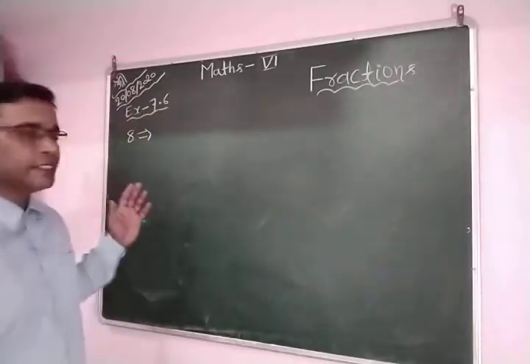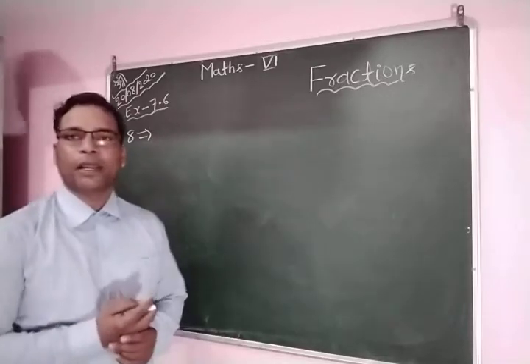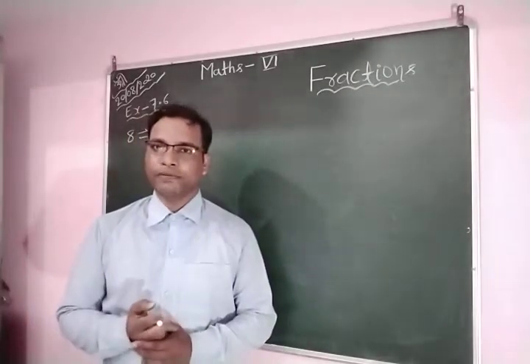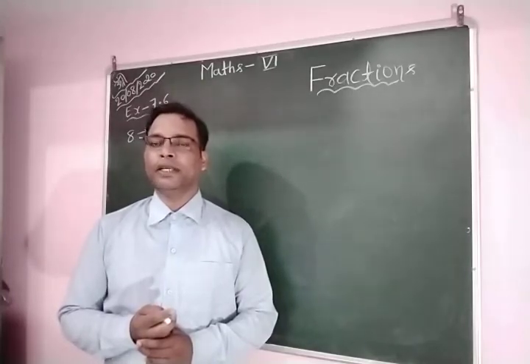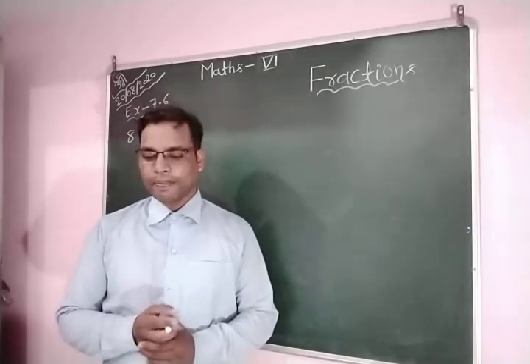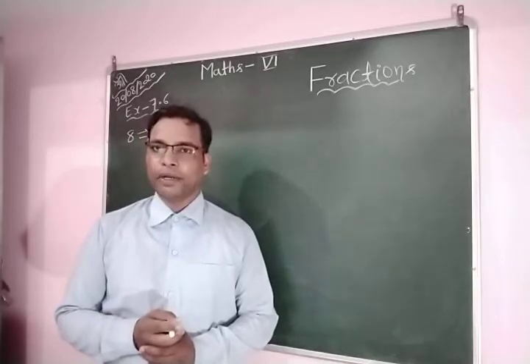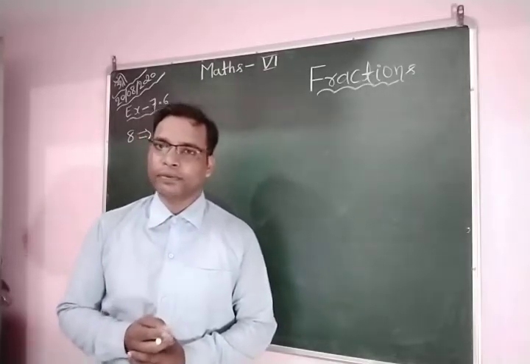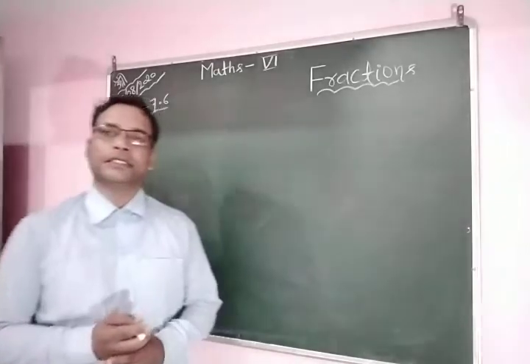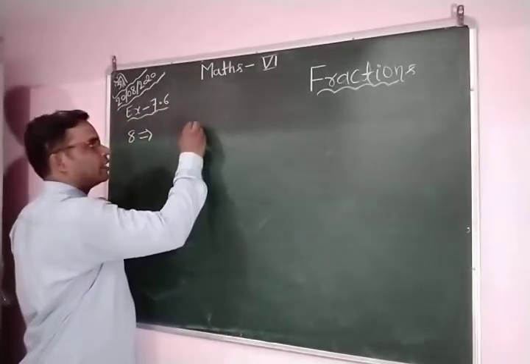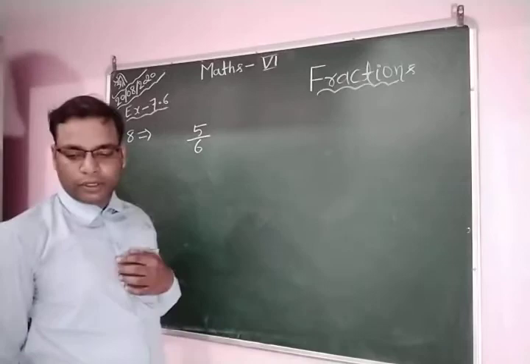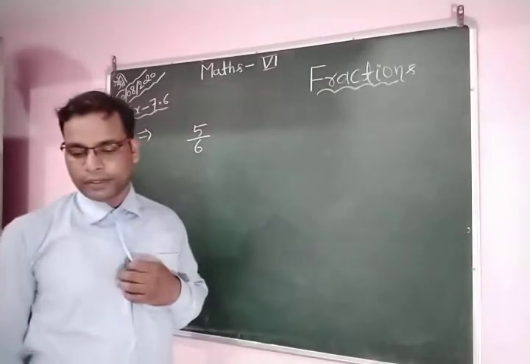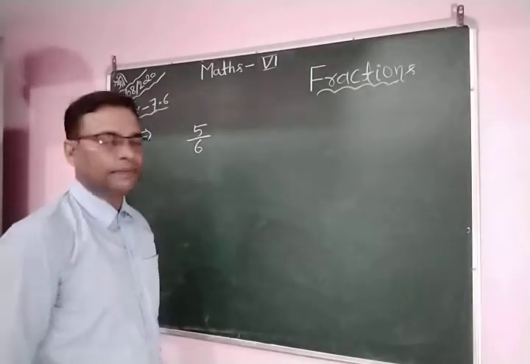In question number 8, this is given that Asha and Samuel have bookshelves of the same size, and they fill them partially. Asha's shelf is 5 by 6 part full, and Samuel's shelf is 2 by 5 part full.